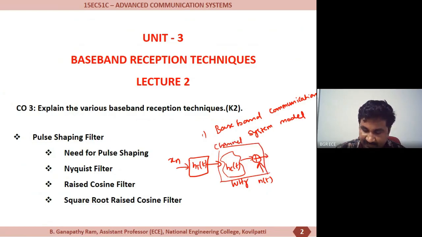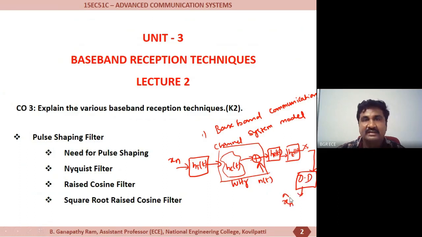Then at the receiver side, we are having two filters, receive filter, then equalizer filter, then a sampler, then a decision device. And the transmitted symbol is estimated.